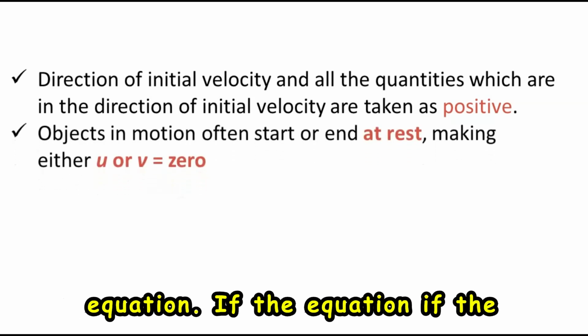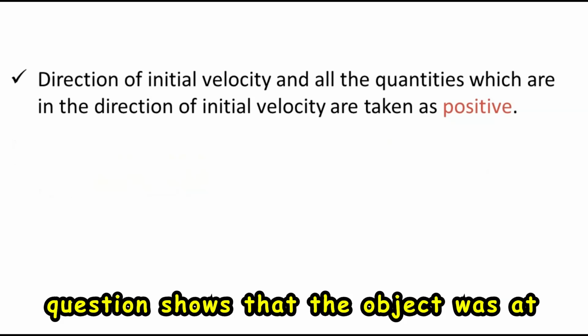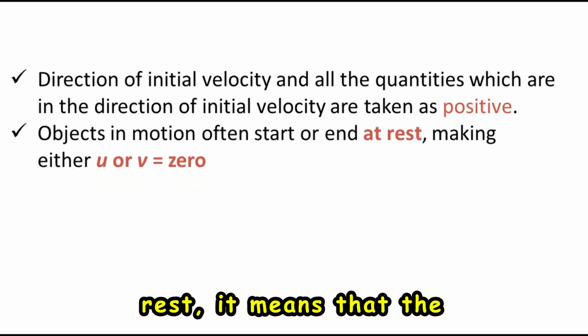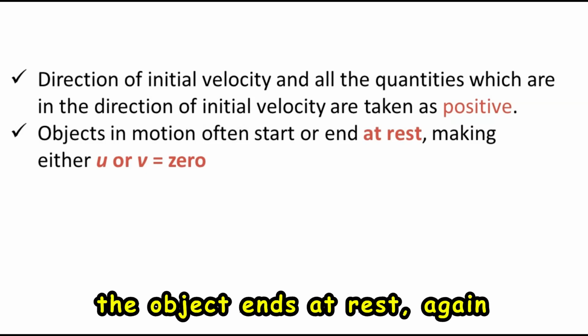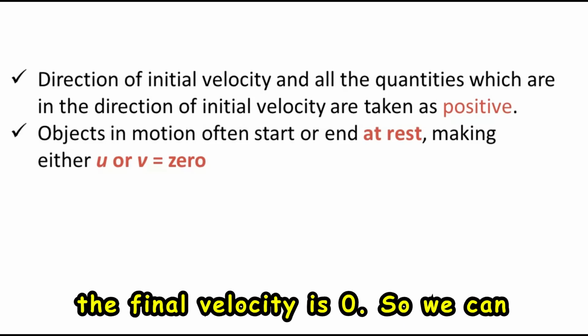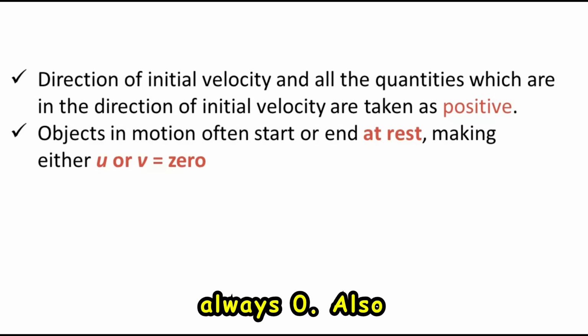If the question shows that the object was at rest, it means that the initial velocity is 0. If the object ends at rest, again the final velocity is 0. So at rest, the velocity is always 0.